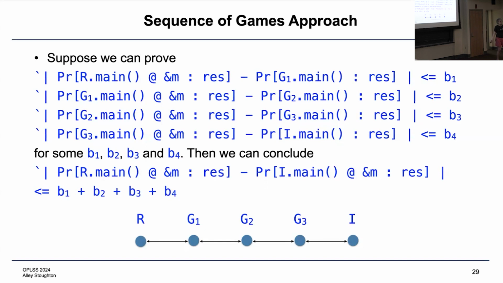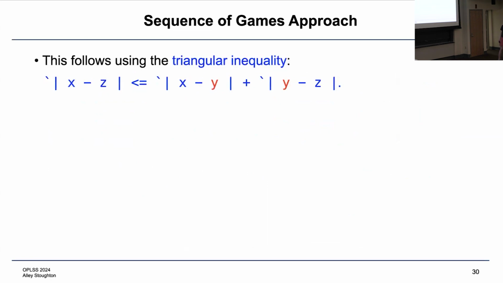And I mean, this is an upper bound. It's not tight. You might hope that some of these things would cancel out, but anyways, this is the best that we can do. So each step has a penalty. We sum all the penalties is the way to think about it. And why does this work?